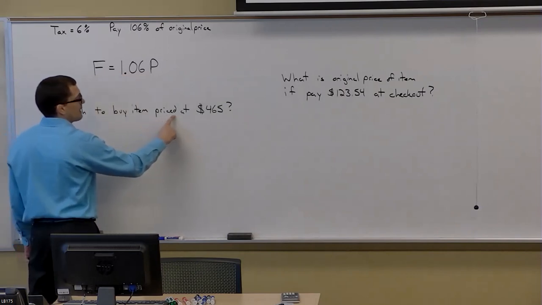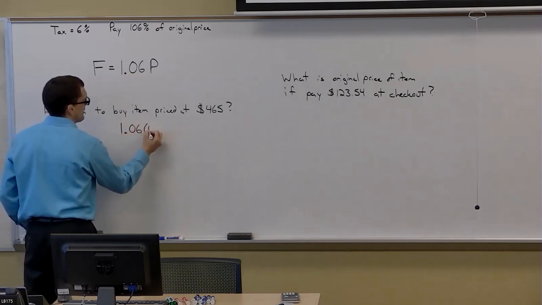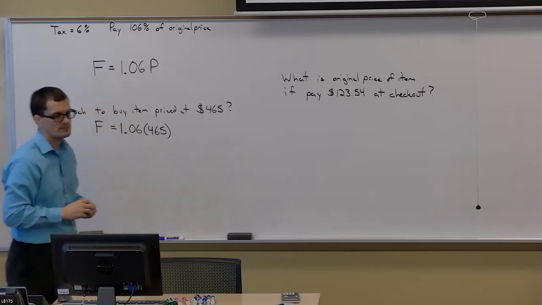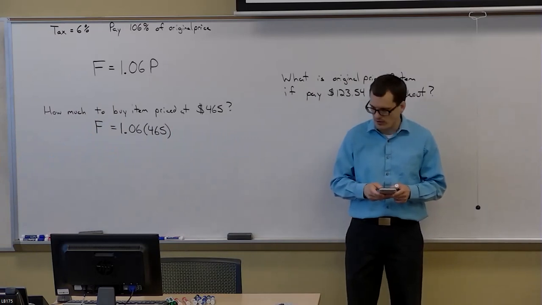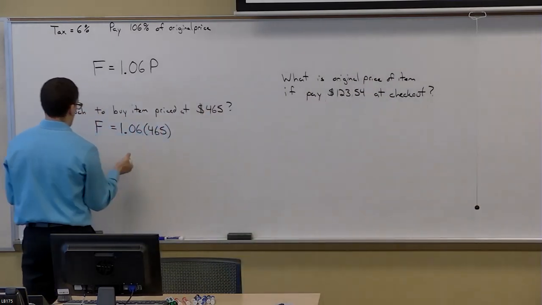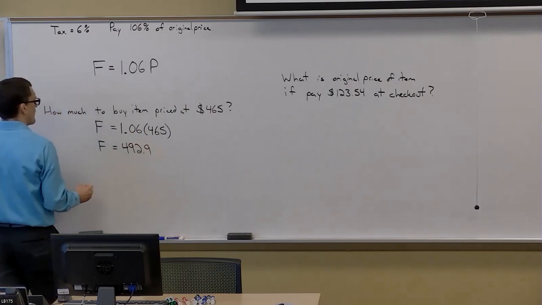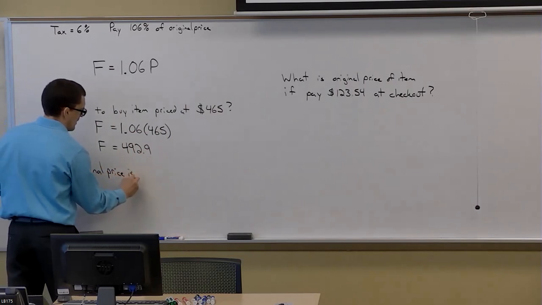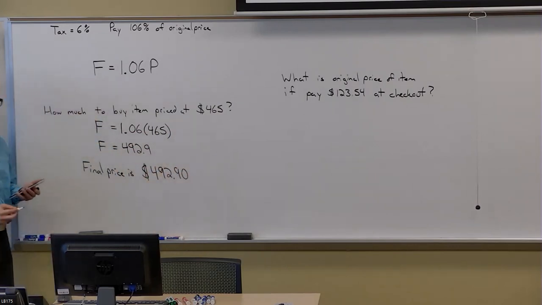In this case, priced at $465, that's the capital P. So in order to find F, I just need to take 1.06 times 465, and I got 492.9. So the final price is $492.90.